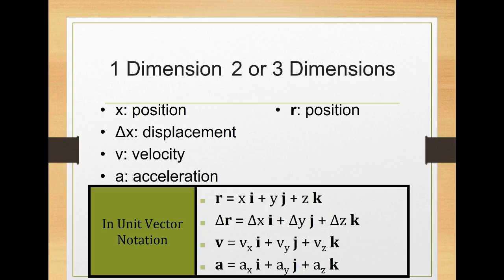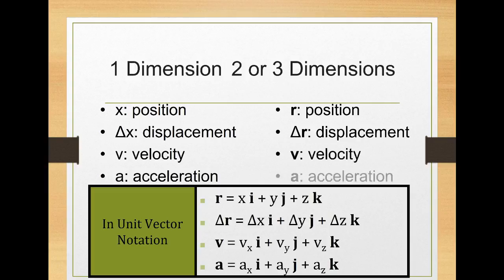And the components of this position vector are x, y, and z. And they are in the i hat, j hat, and k hat directions. Displacement is the same. We will have delta r, which is delta x i hat plus delta y j hat plus delta z k hat. And then velocity and acceleration are similar.